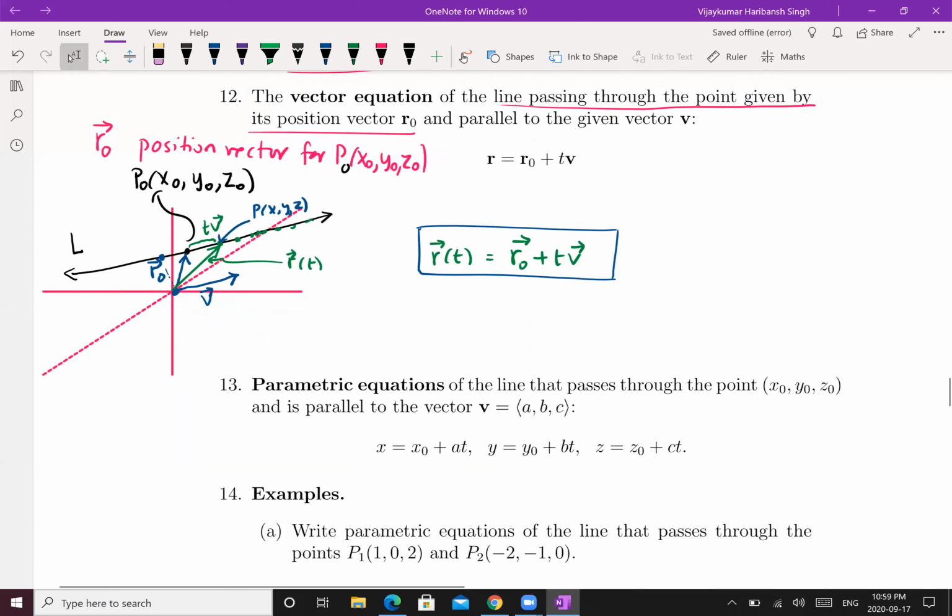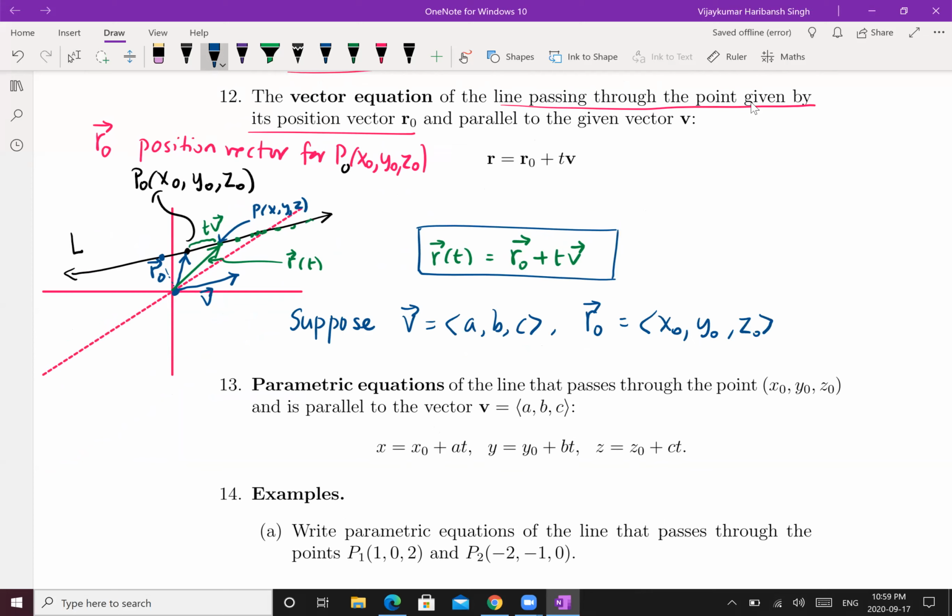Now, this is a vector equation. Suppose vector v is given by a, b, c, and your r0 is x0, y0, z0. Then r of t is the position vector for P, right?